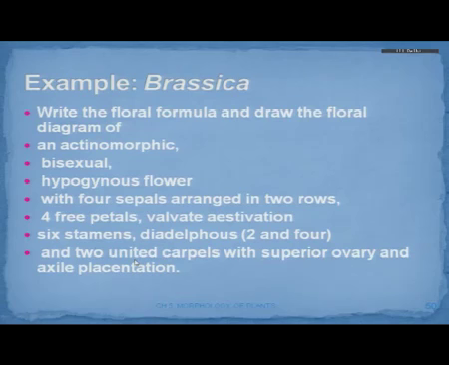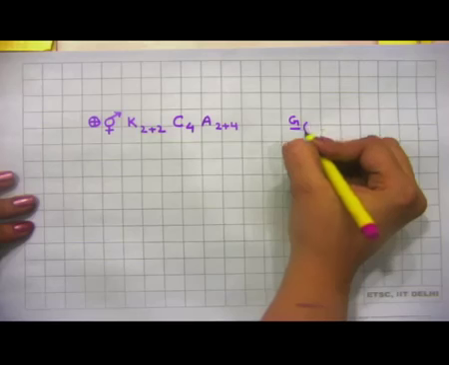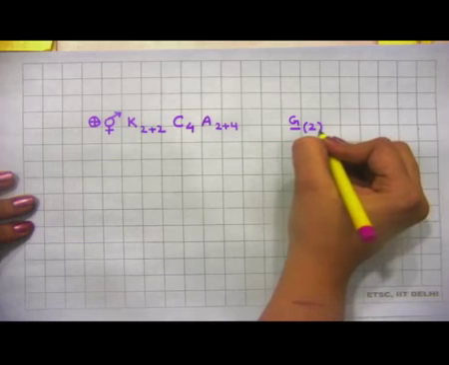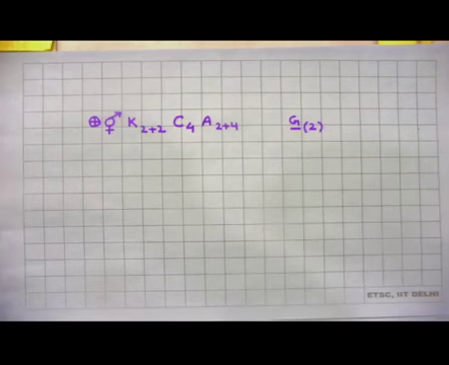We will write the formula for gynoecium. It says that there are 2 united carpels. So carpels united and 2 with superior ovary and axile placentation. Again we cannot show the axile placentation in the floral formula. So this is our floral formula of Brassicaceae, and we can check it from here also.